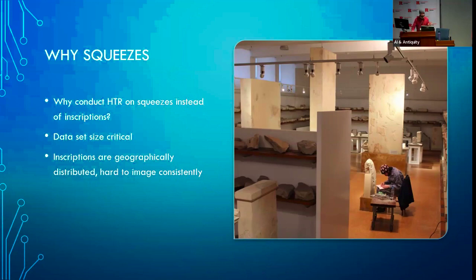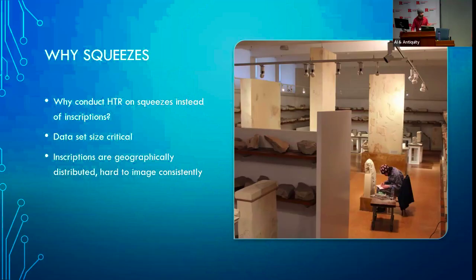So you can't just pick them up and take them over to a photographic lab and make this beautiful image, right? And that's not to say anything of all of the inscriptions that are still immured in walls or built into churches, etc., where it's 20 feet off the ground and you're not allowed on the premises and your best shot is with a cell phone camera from 25 feet away, right?